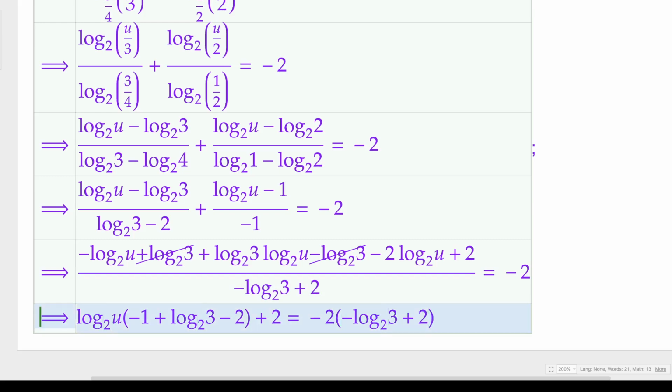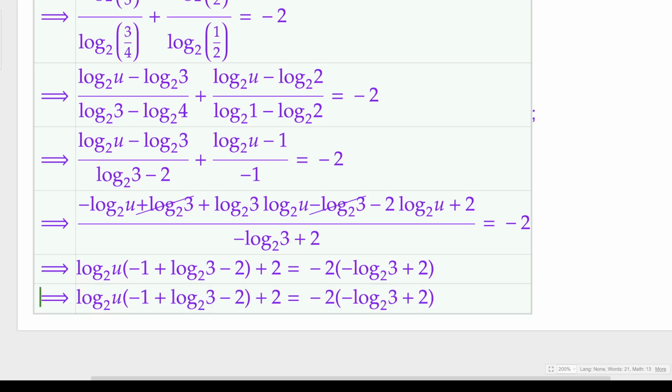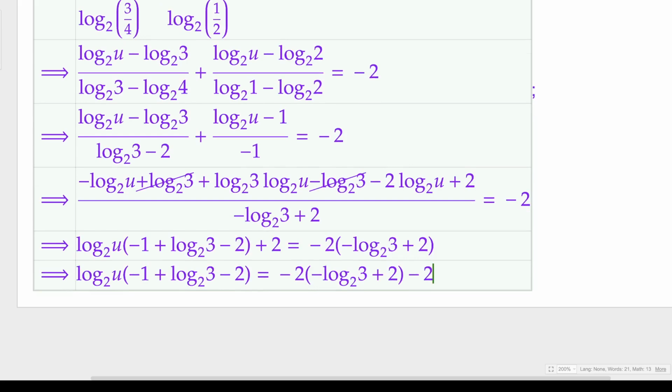Now I will be proceeding to the next step. From this one we can observe that we can subtract 2 on both the sides. So here this will be minus 2, and on resolving this further, I'll just write this expression in the next step.